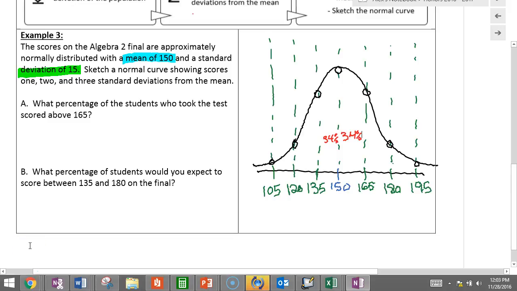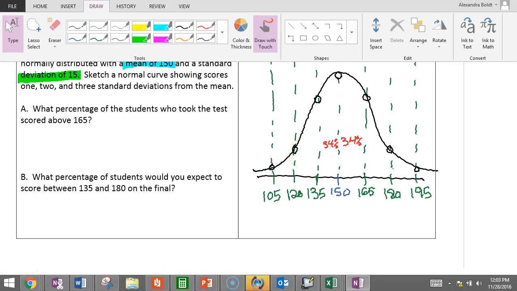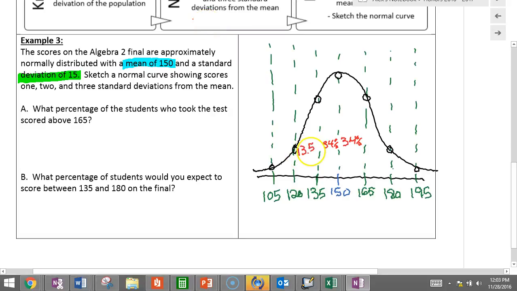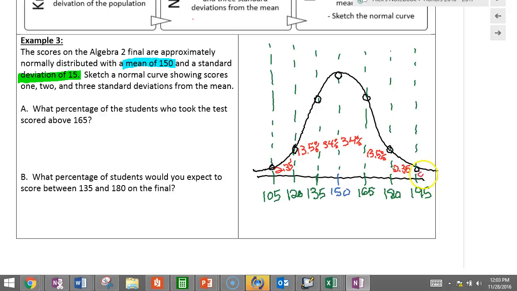Our next section is 13.5. Our next section is 2.35. One thing it doesn't say on this one, but it's important to know, on the outside, it's just 0.15. So all the way out there is 0.15%. And that's anything beyond 3 standard deviations.